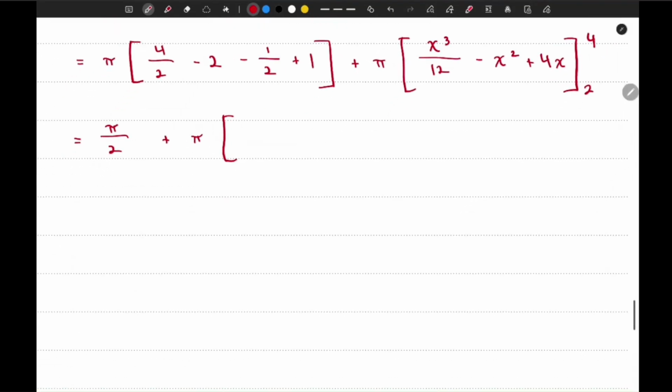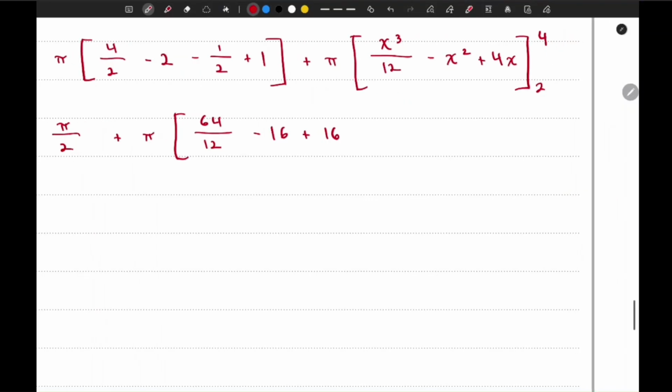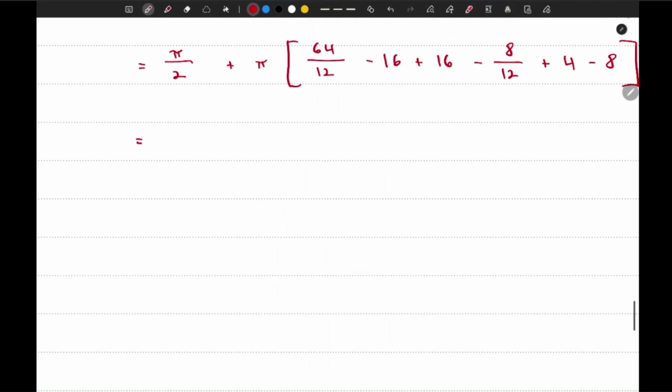So 4 cubed will give us 64. So that's 64 divided by 12 minus 4 squared plus 4 times 4, which is 16. And then we need to subtract by substituting the lower limit. So 2 cubed is 8. So 8 divided by 12 minus 2 squared, which is 4, plus 4 times 2, which is 8. So let's calculate this value.